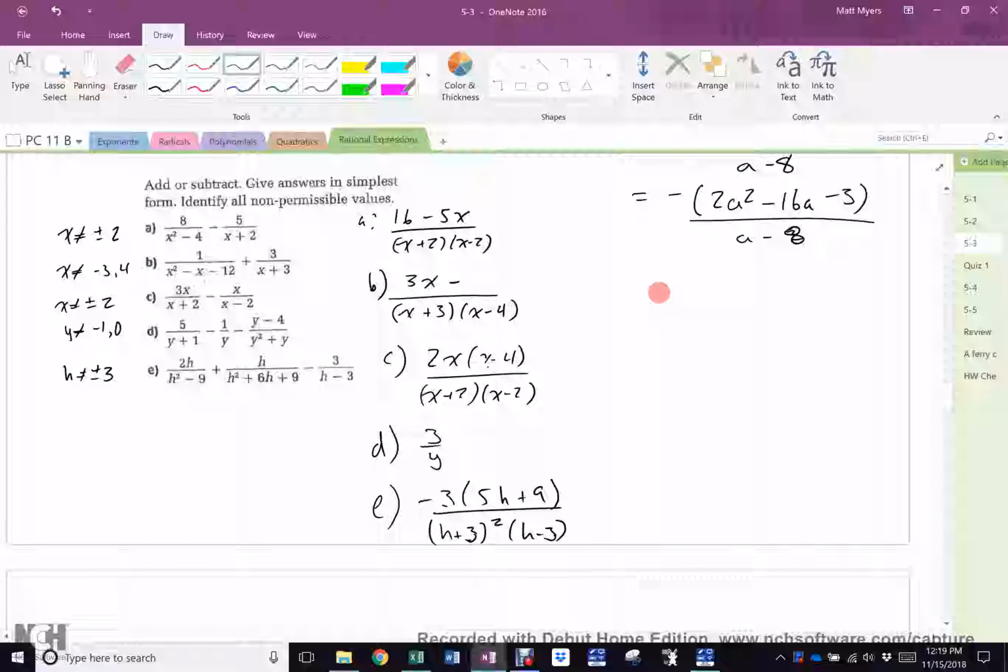So E is 2h squared minus 9 plus h plus 6h plus 9 minus 3 over h minus 3.